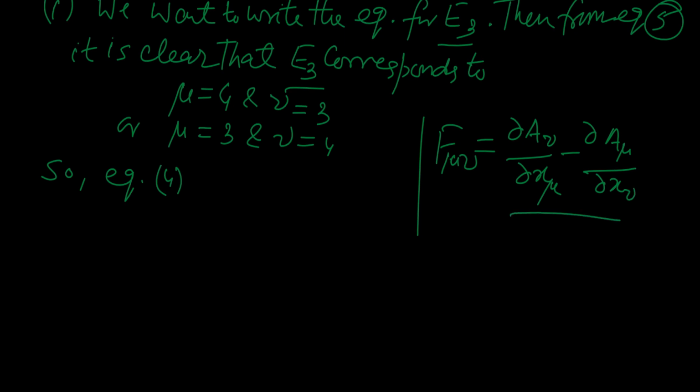And see this equation. I have taken the first set of mu and nu: mu equal to 4 and nu equal to 3. So from this equation what will we write? F43, and this will be what?